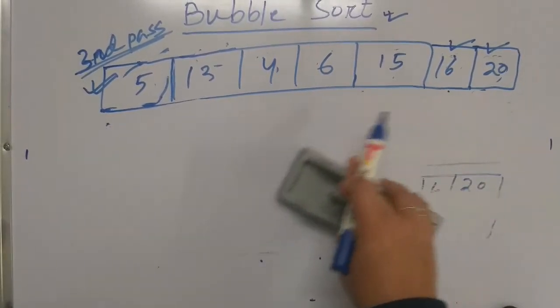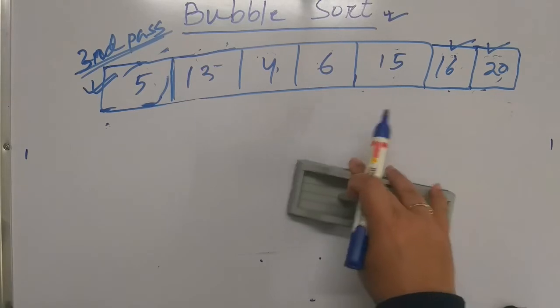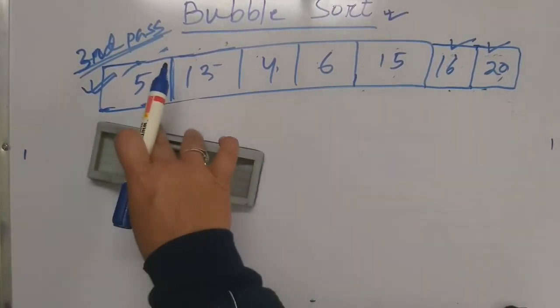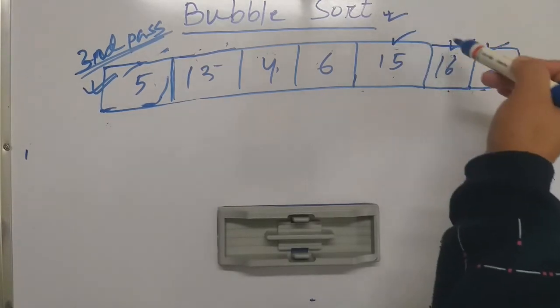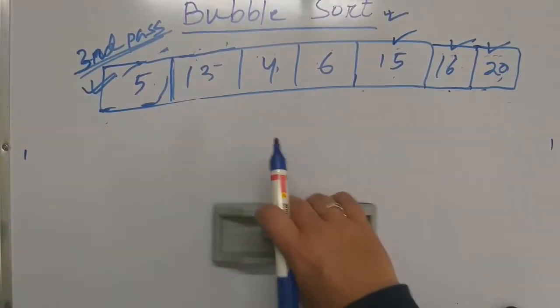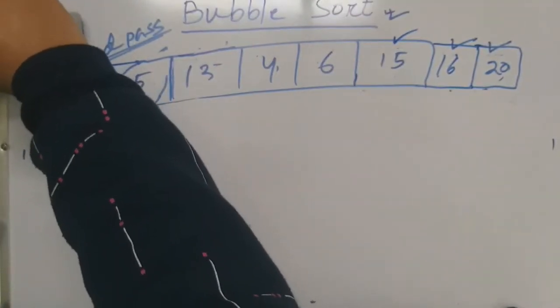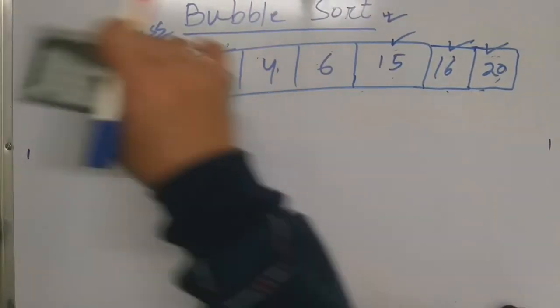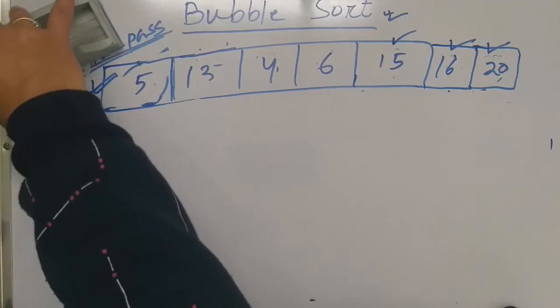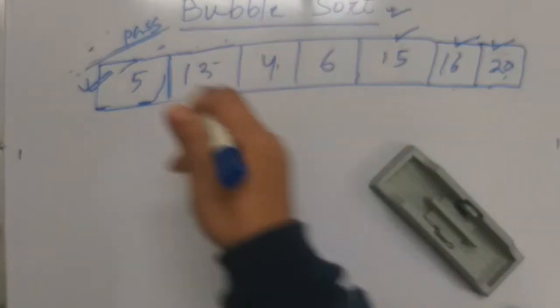For the fourth pass, 3 already sorted elements are there, the sorting is from the right side, in descending order. So the first largest, the second largest and the third largest are all in their appropriate position.